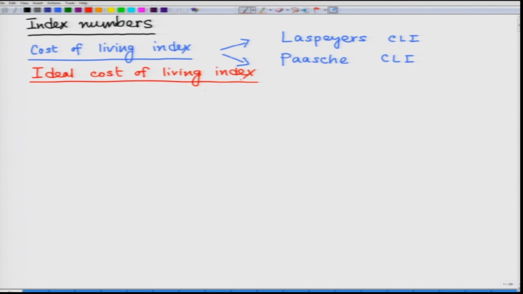So, the difference we can see between these two concepts is this.